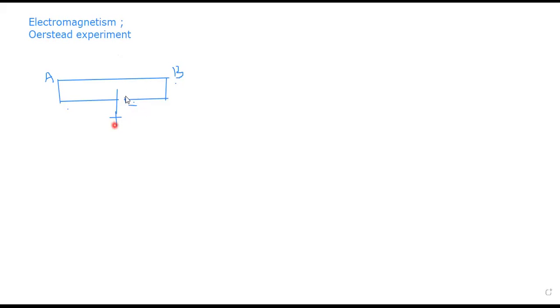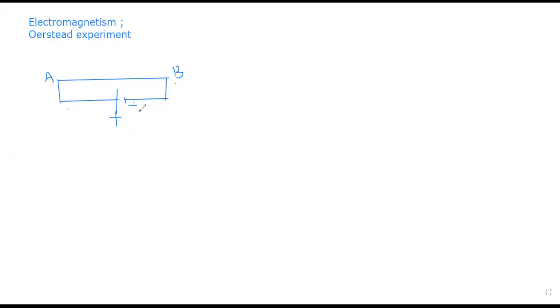If your battery is not connected here, then all the free electrons randomly move on the surface of the conductor. Now, we have connected a battery between the two ends of the conductor. Once you connect this battery, as electrons are negatively charged particles, they carry the negative charge.